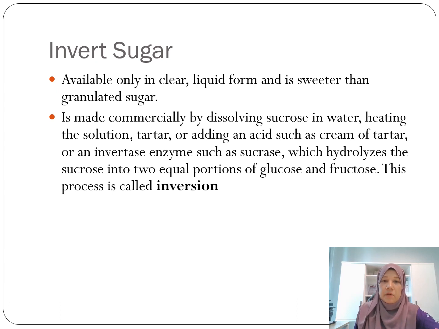This enzyme is called invertase enzyme, specifically known as sucrase, whereby this enzyme will hydrolyze the sucrose into two portions. The first portion is called glucose and the second portion is called fructose. So this process is actually called inversion.